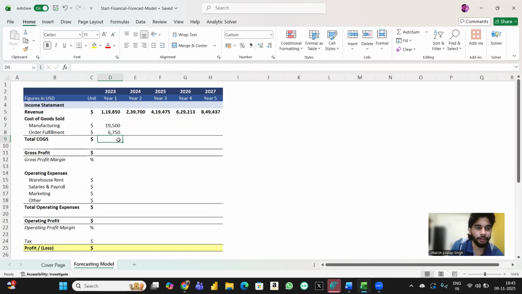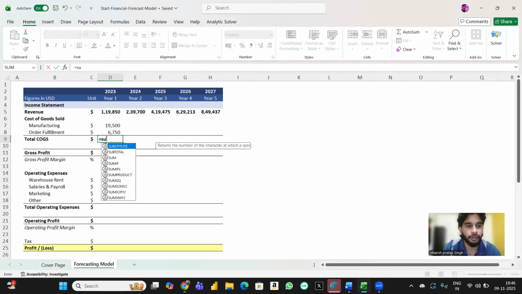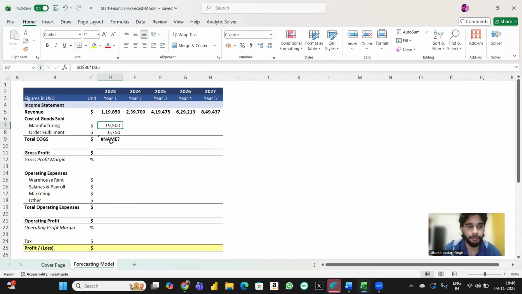Now, for calculating the total cost of goods sold, we are going to add these two. Total cost of goods sold would be equals sum of this plus this.